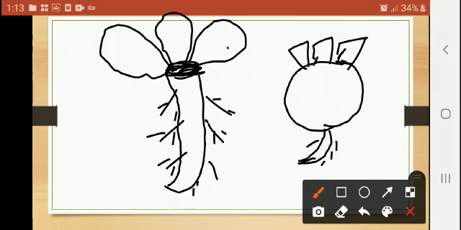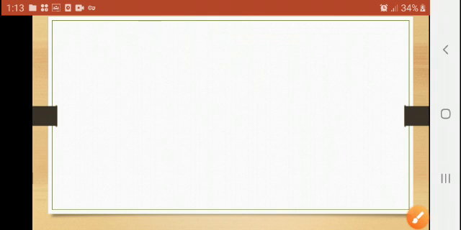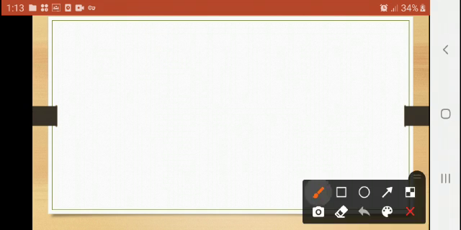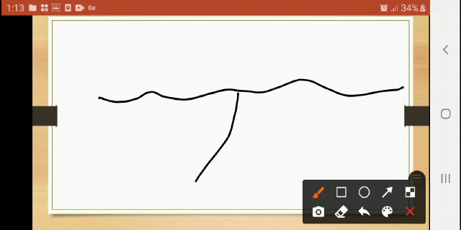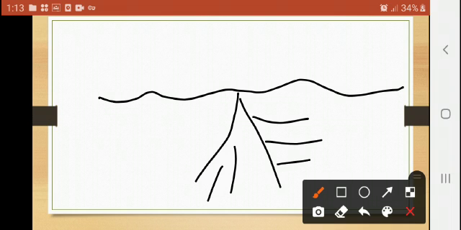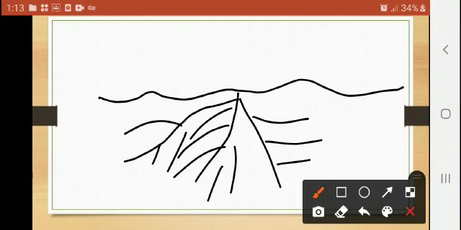Now I will tell you how to draw the fibrous roots. So this is also very simple. You know, the fibrous roots have many branches of the same size and these are very thin and weak.